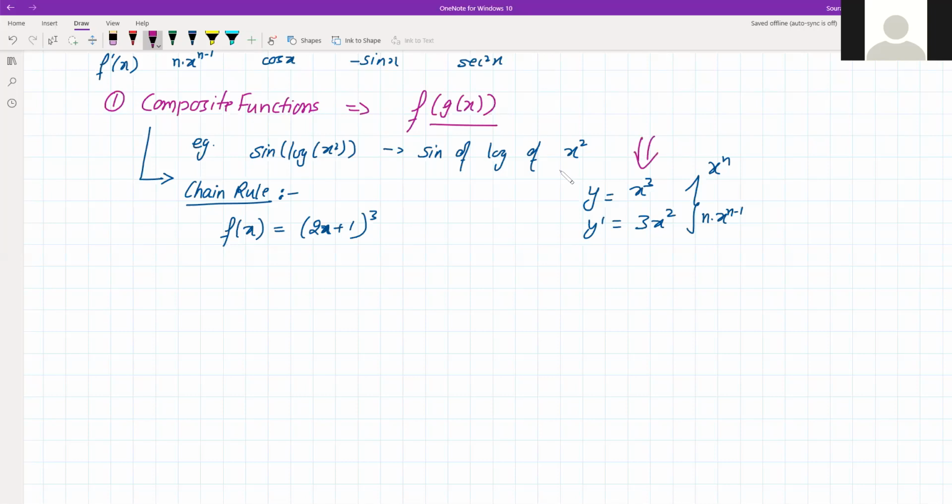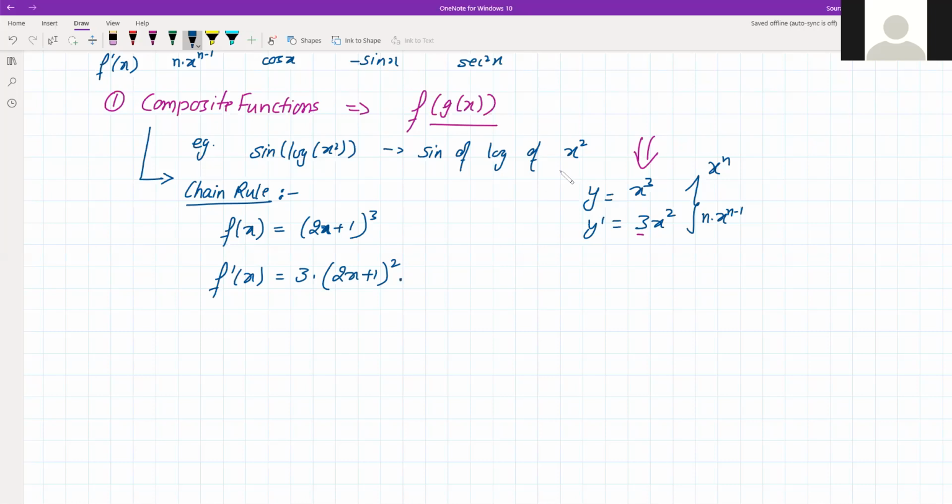So cube of x, if the function is cube of x, our answer was 3 into square of x. So here it is cube of 2x plus 1. So f dash x will be 3 into square of 2x plus 1. But 2x plus 1 is still a function of x. It is not just x.